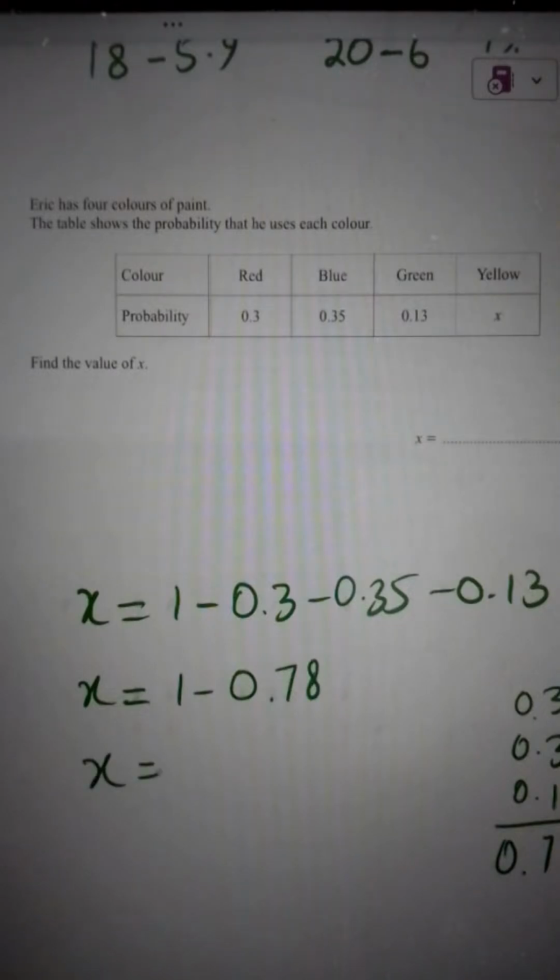By subtracting from 1, we get 0.22. So this is the probability that the yellow color is used. From here we can identify that the most used color is blue, and the least used color is green. The probability tells us.